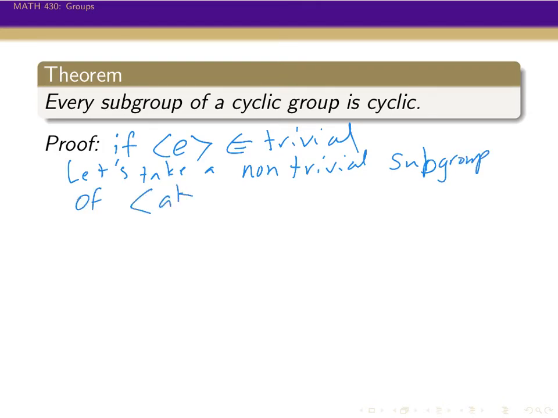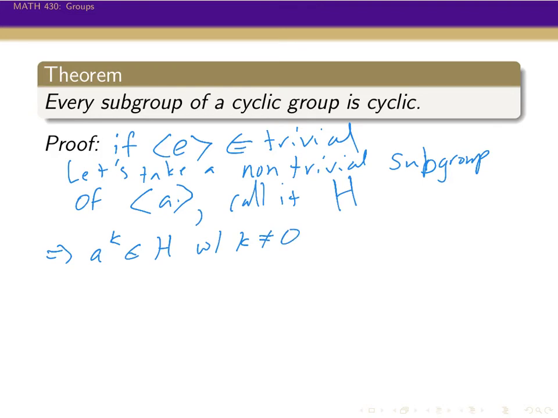of A, excuse me, and we'll call it H. Well, since H is a non-trivial subgroup, that means that there exists some A to the K that's inside H, with K not equal to 0.